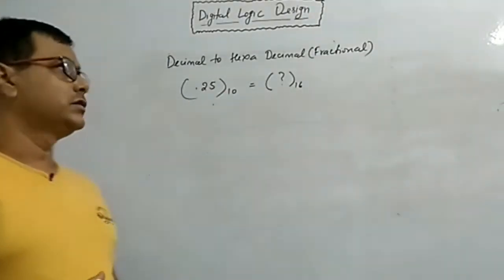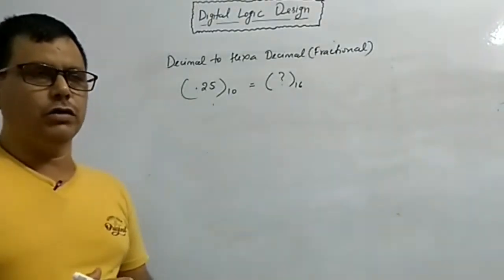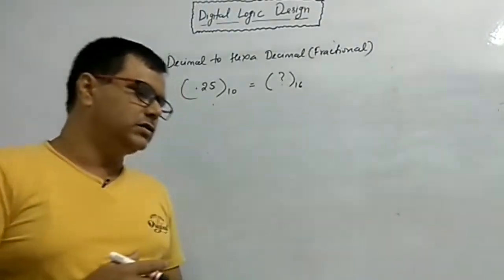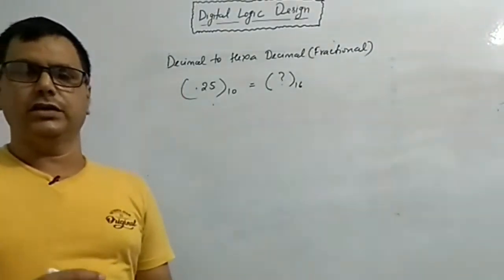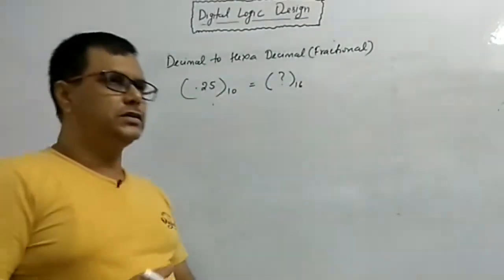As in the case of whole numbers or the integer part, where you divide the decimal number by 16, here you will do the reverse: you will multiply the number by 16.